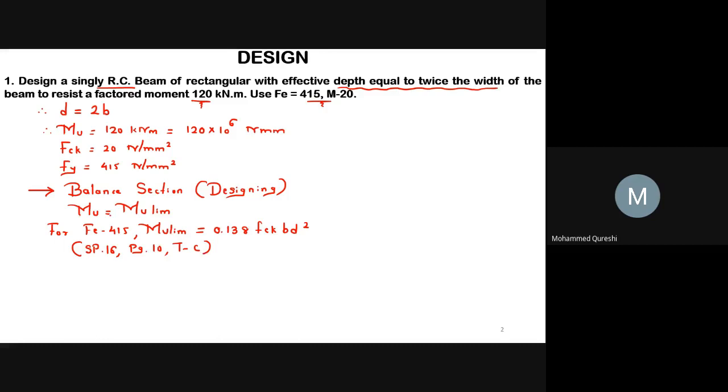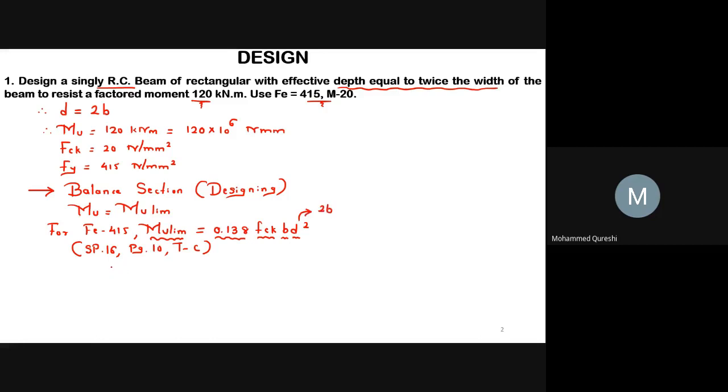We already had the value of Mu limit as 120 into 10 raised to 6. 0.138 is known, FCK is given as 20, value of B is unknown for us, and the value of D is given in the statement as 2B.